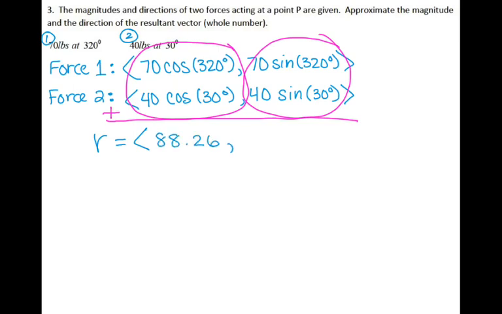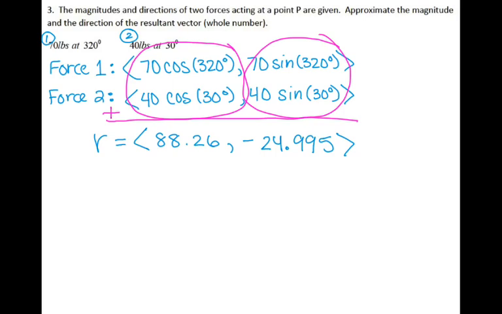And then I'm going to do the same thing for my vertical components. So 70 sine of 320 plus 40 sine of 30 gives me negative 24.995. Okay, now it does say to round to the nearest whole number, but I'm going to do that at the very end since I'm still working through the problem.